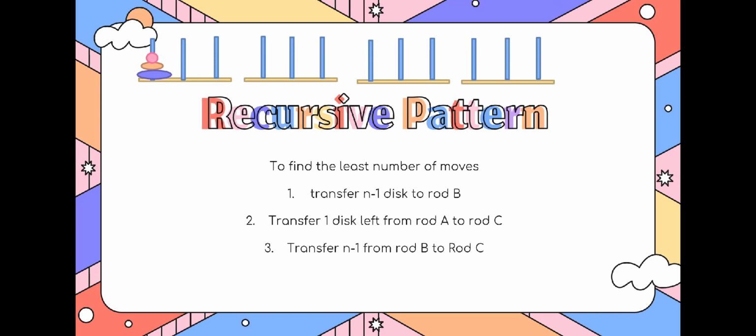So we're going to move 2 discs to rod B. Then transfer the 1 disc left from rod A to rod C. And lastly, transfer n-1 from rod B to rod C. So by doing that, we get 7 moves.